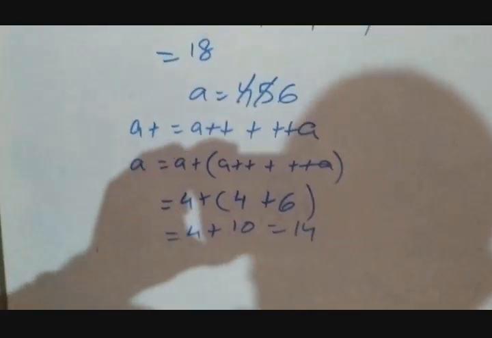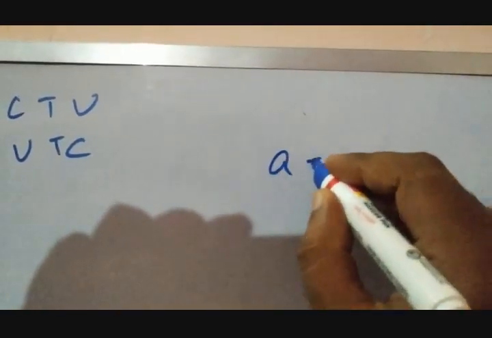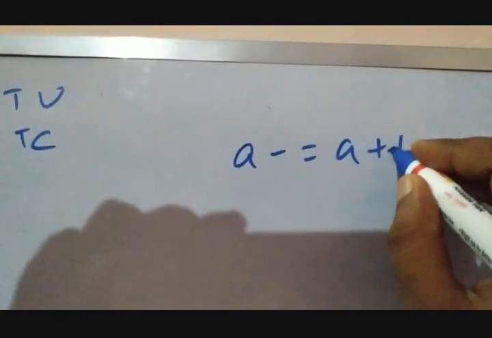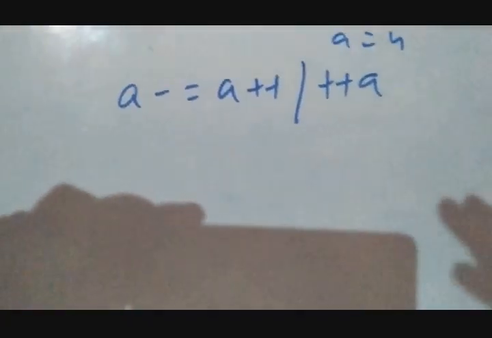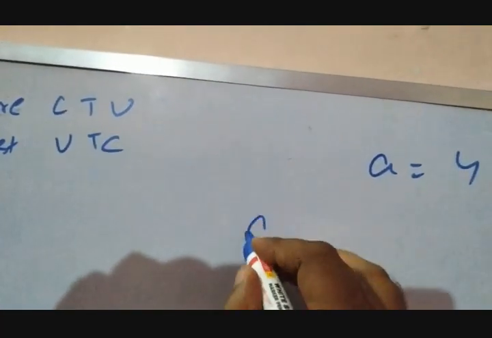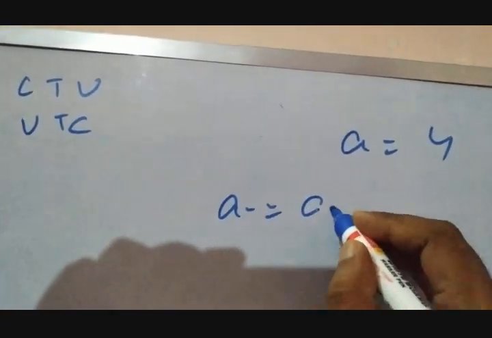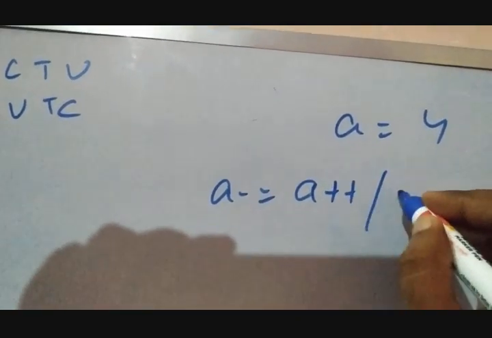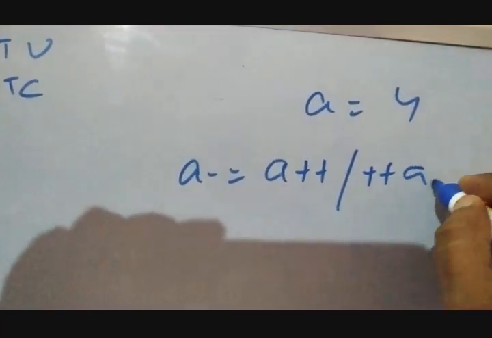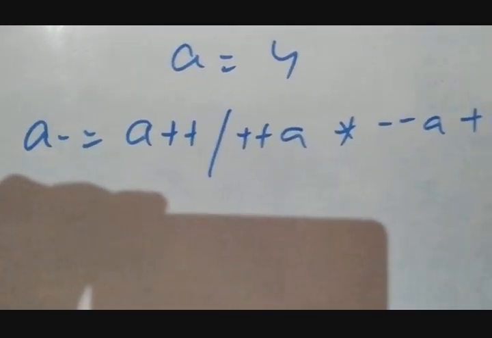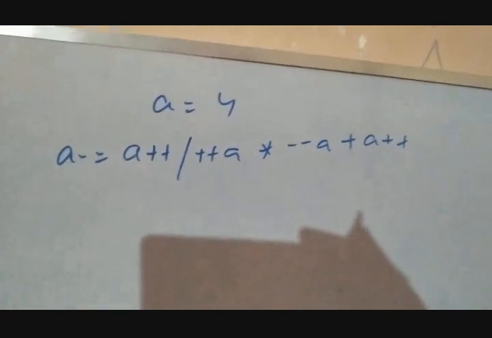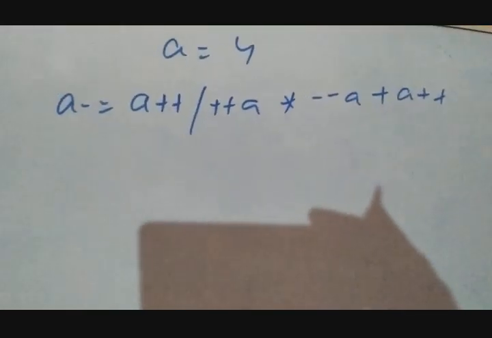Are you getting it? Suppose a -= a++ / ++a * --a + a++, and now the a value is 4. Let me bring it down. The a value is 4. a = a - (a++ / ++a * --a + a++). Suppose this is the value given there. Alright. Now how has it to be solved?